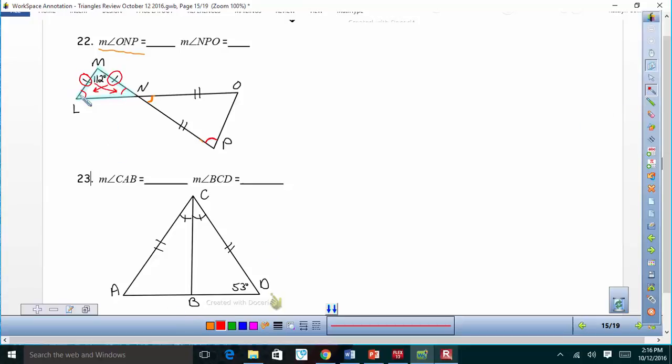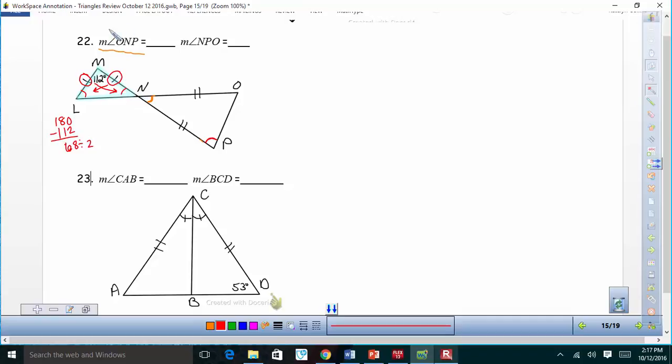So to find these angles, we're going to take 180. We're going to subtract 112 from that. That gives me 68. Then we're going to divide 68 by 2 because both of these can't be 68, because if I added 112 plus 68, that'd be more than 180.